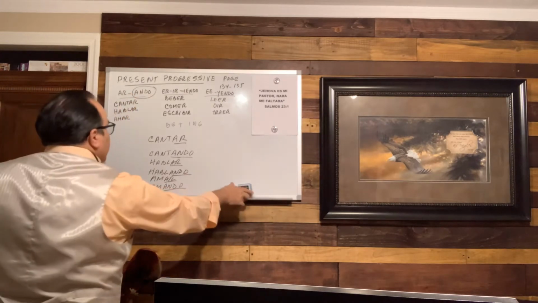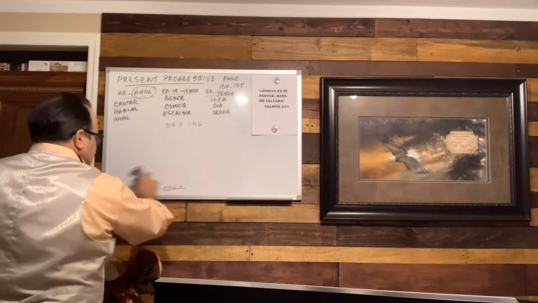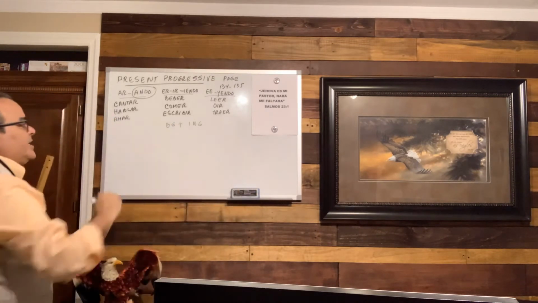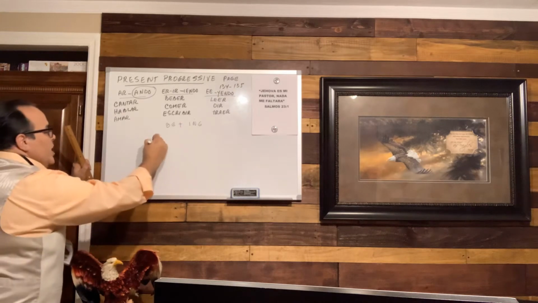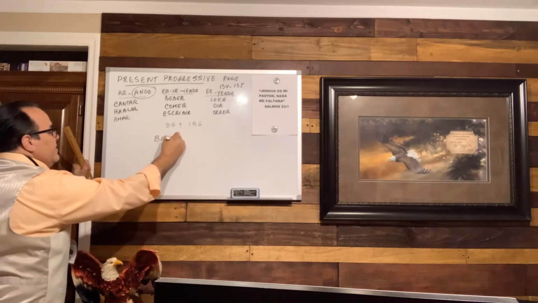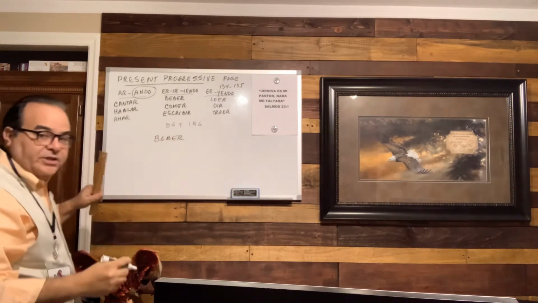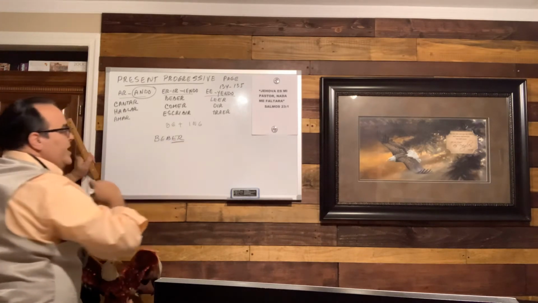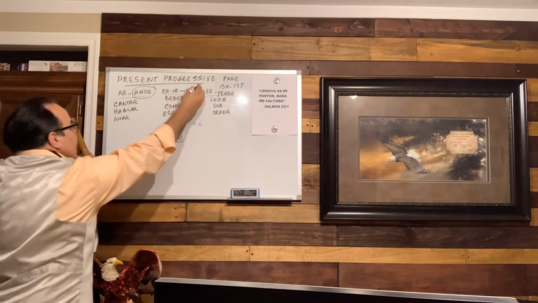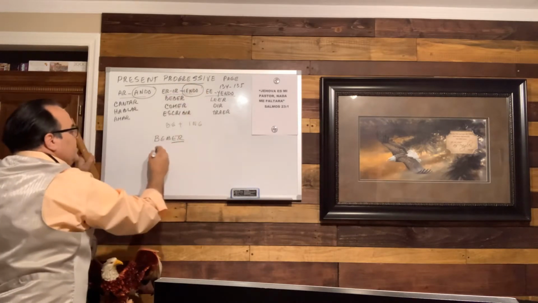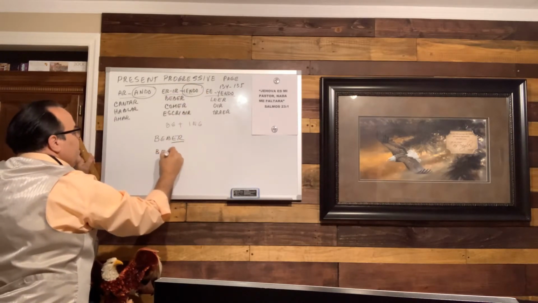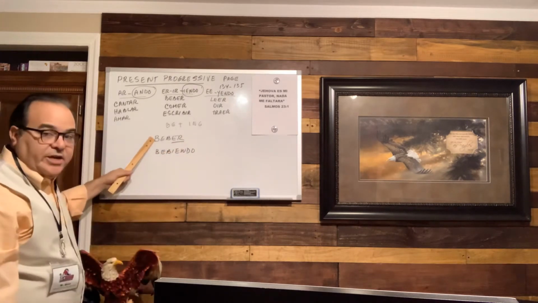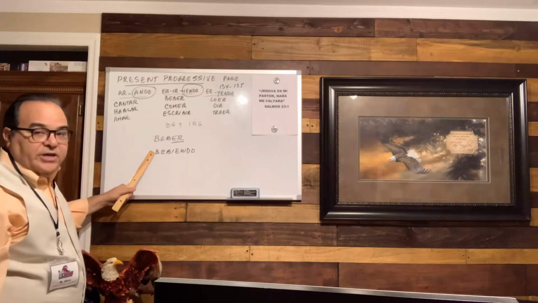What about the ER and IR endings? They are going to be exactly the same. For example, we have the word beber, to drink. We take out the ER, and then we add yendo. So it's going to be bebiendo. Beber is to drink, bebiendo is drinking.